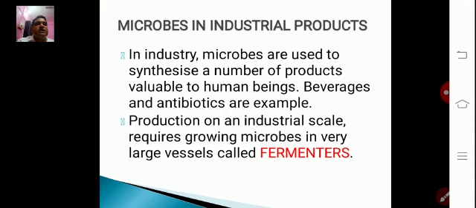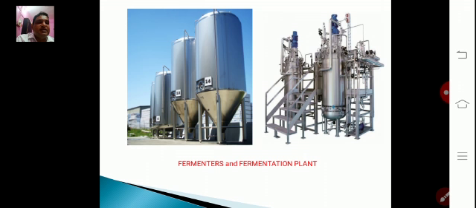These are produced on an industrial scale in big fermenters, vessels where the fermented beverages are produced with the use of microbes.